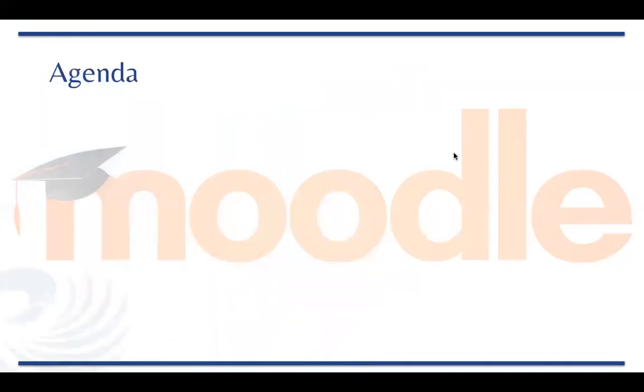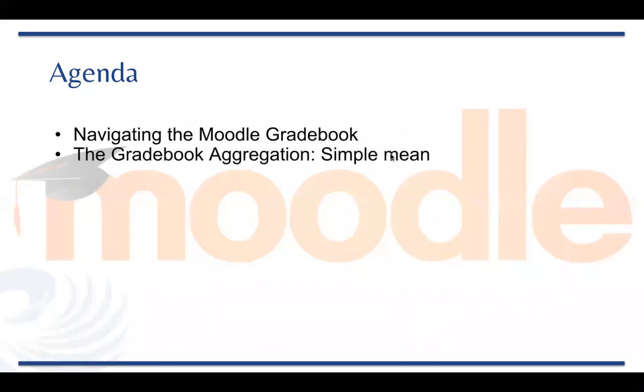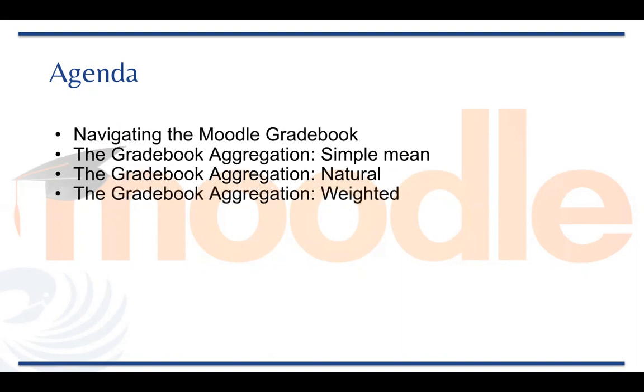So today, our agenda is going to be, first of all, to navigate through the Moodle Gradebook. Next, we're going to look at the different types of gradebook aggregation. First, looking at aggregation by simple mean. Next, by natural aggregation. And finally, calculating weighted averages.